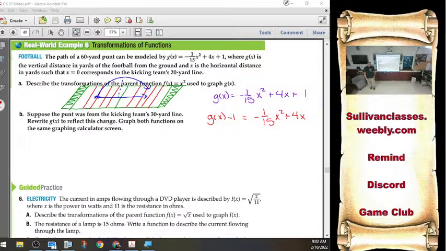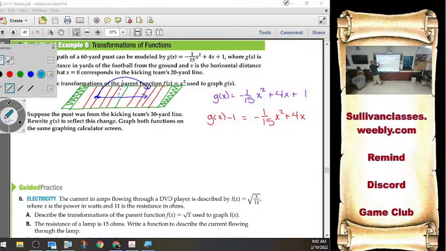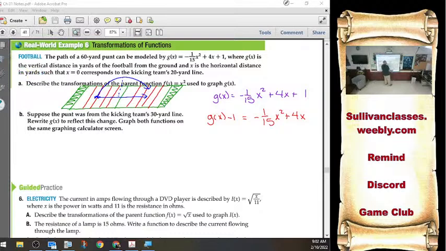Eliminate the fraction. Divide everything by negative 1/15. If I divide by a negative 1/15, multiply by a negative 15 over 1, right?